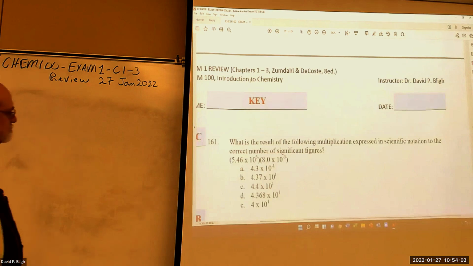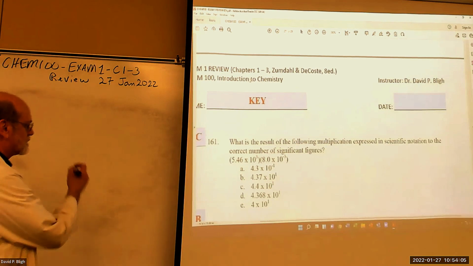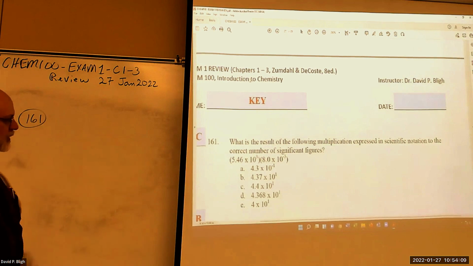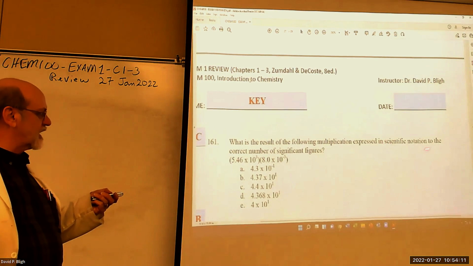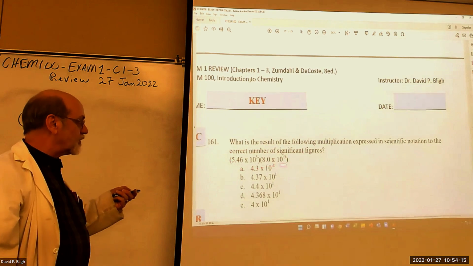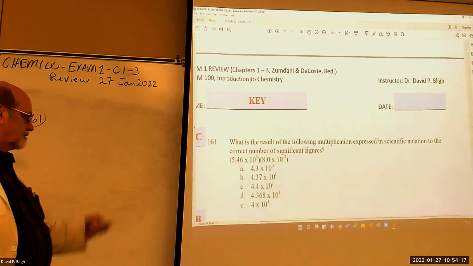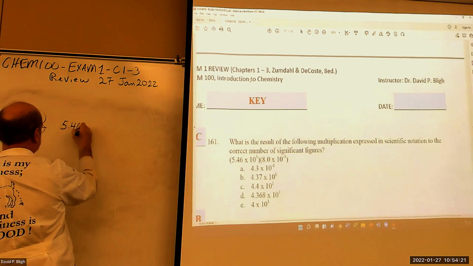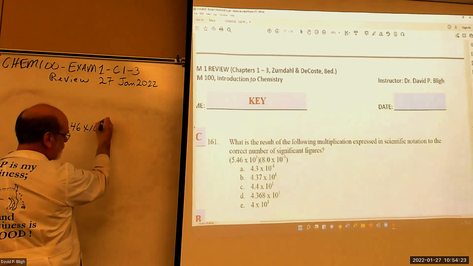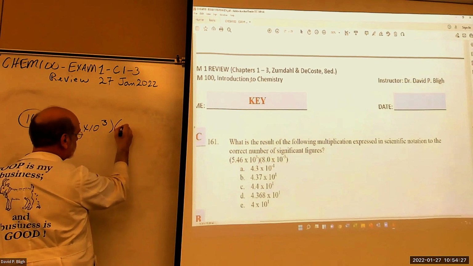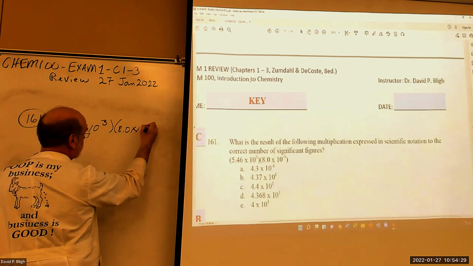161. What is the result of the following multiplication expressed in scientific notation to the correct number of significant figures? Okay, so you do have to do this. 5.46 times 10 to the third, and multiply that times 8.0 times 10 to the minus 3.